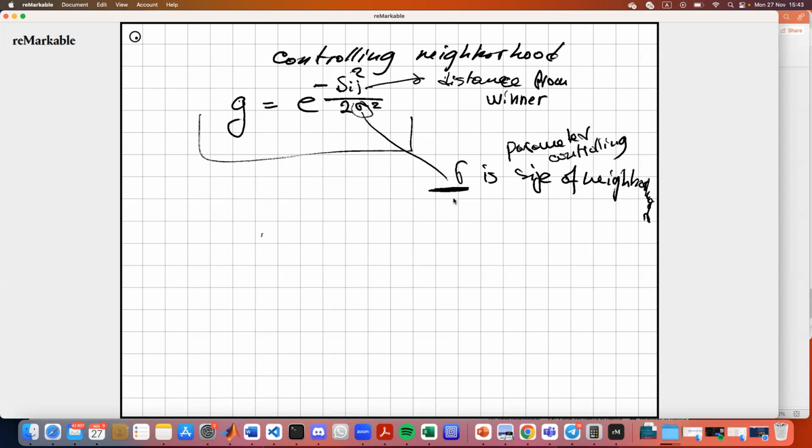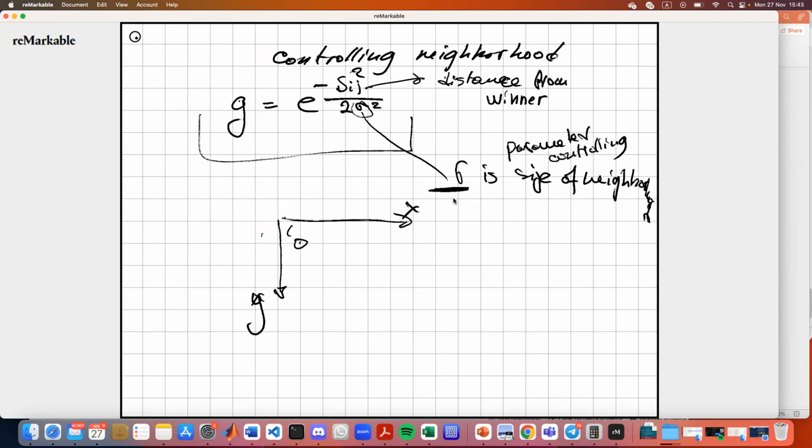So in the lattice, you assume that you have x and y coordinates, so you give coordinates to each neuron.